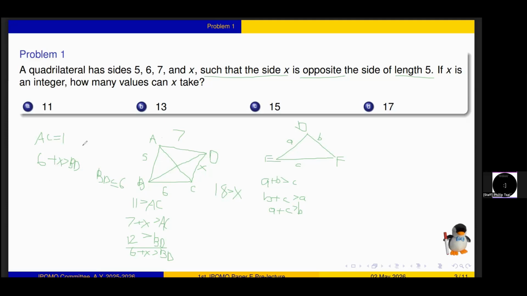With these two conditions alone, AC equal to 1 and BD less than or equal to 6, we realize that this doesn't put any more restrictions on x. x can just continue to be positive. It can be any positive integer between 1 and 17. And so x can take any positive integer from 1 to 17, which means the answer is 17.